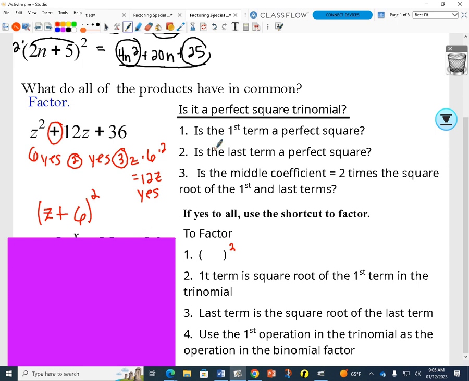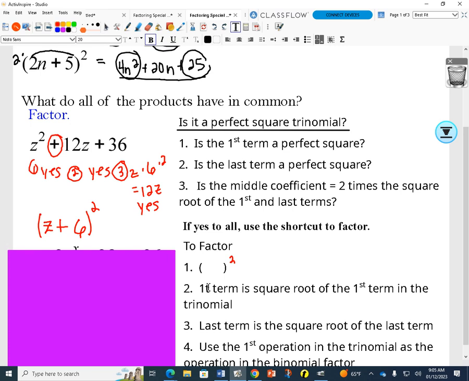The first term in the binomial is the square root of the first term in the trinomial. The last term is the square root of the last term in the trinomial.